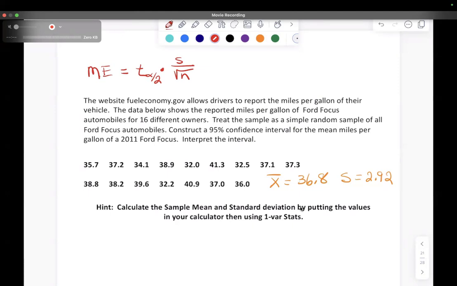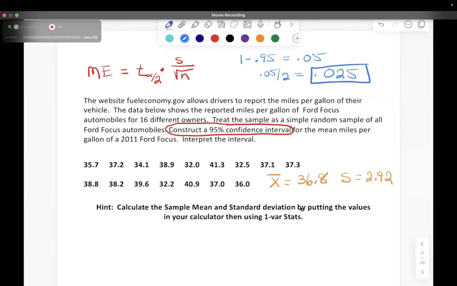We are constructing a 95% confidence interval. We need to use alpha divided by 2. So you do 1 minus 0.95 equals 0.05, and then 0.05 divided by 2, so this is 0.025. This is what we are looking at, at the top of our t table.